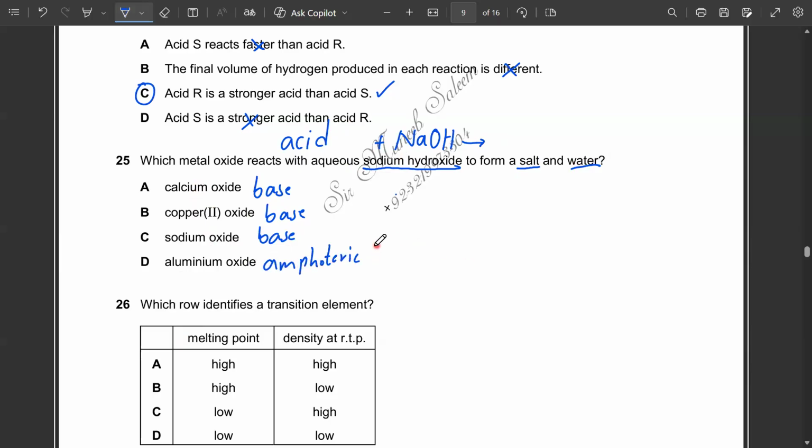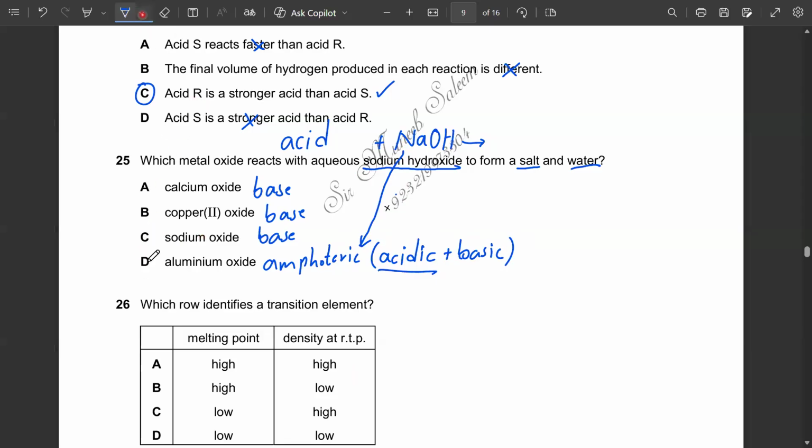And we know amphoteric are those compounds which have both acidic as well as basic properties. So NaOH can react with the amphoteric oxide because it also contains the acidic property. So that's why D is the correct option.